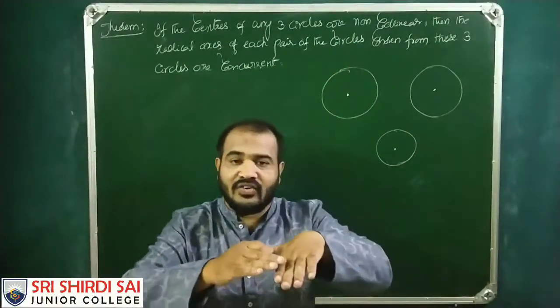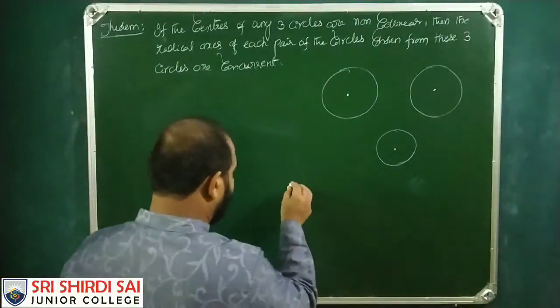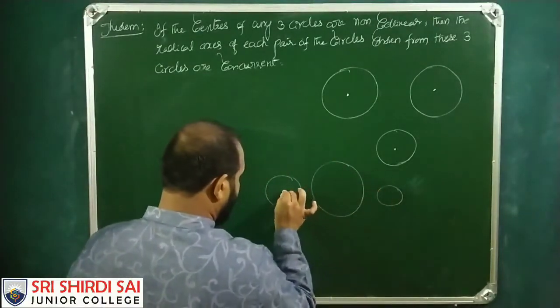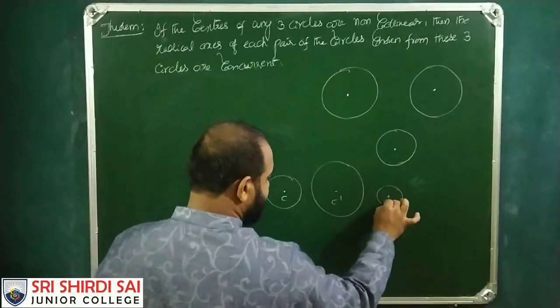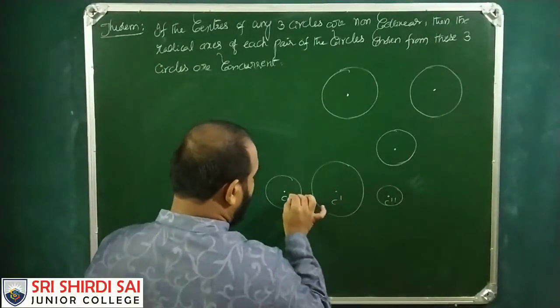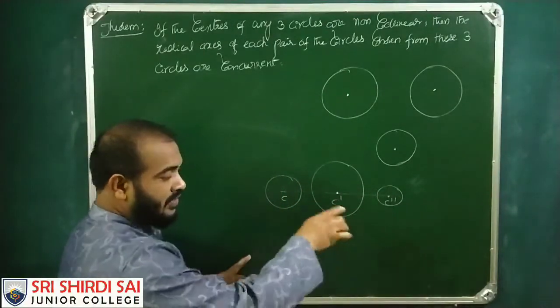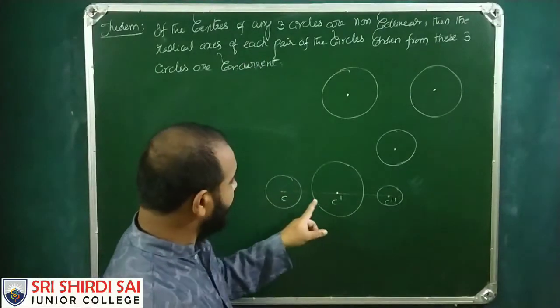That means centers are not lying on a line. For example, this circle is there, another circle is there, this circle is there. So here C1, C2, C dash, C double dash are all lying on the same line. So these are the collinear points. So here the three centers are collinear.